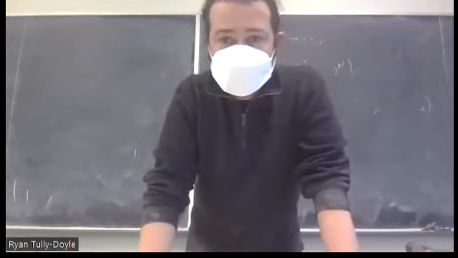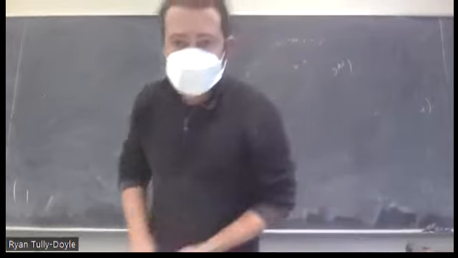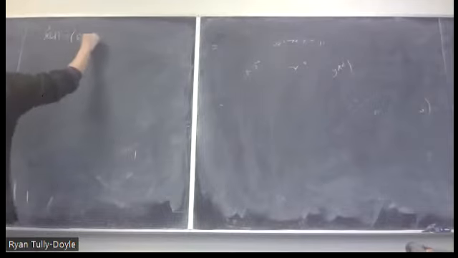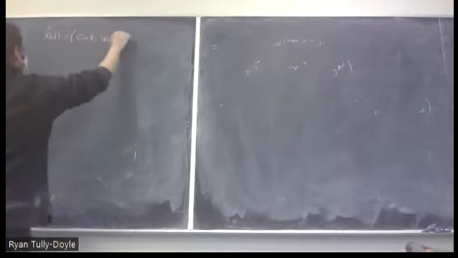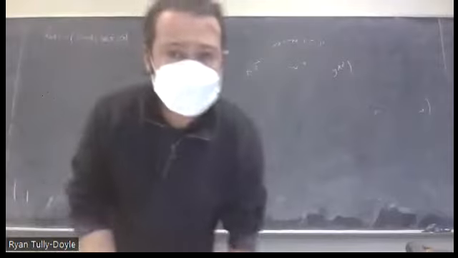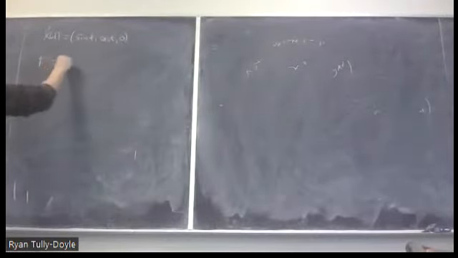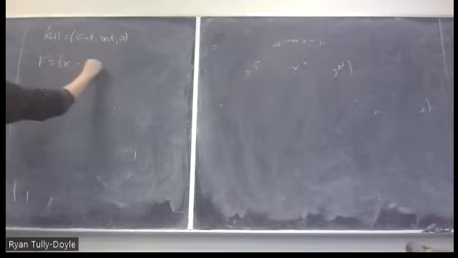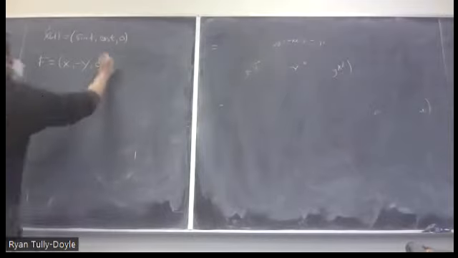Verify the path given as a flow line. Okay. x of t is (sine t, cosine t, 0), and f is (y, negative x, 0). So what does it mean to be a flow line?